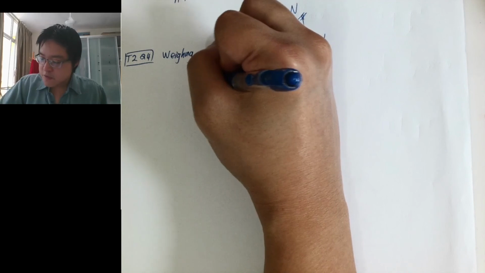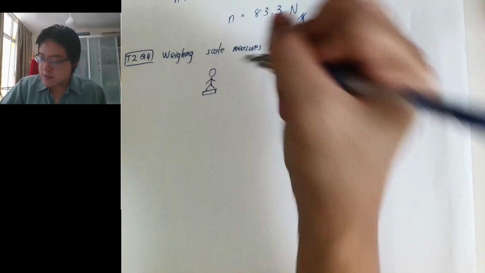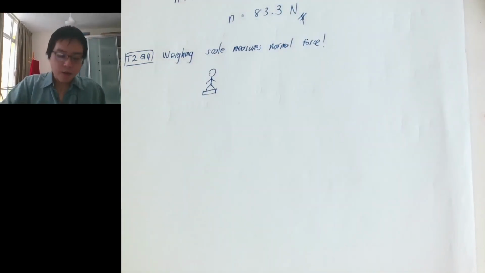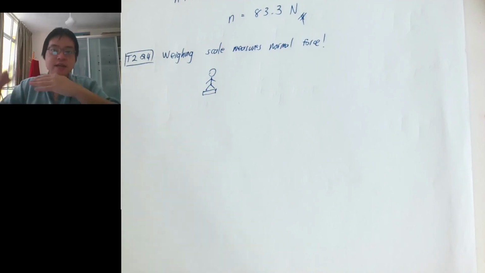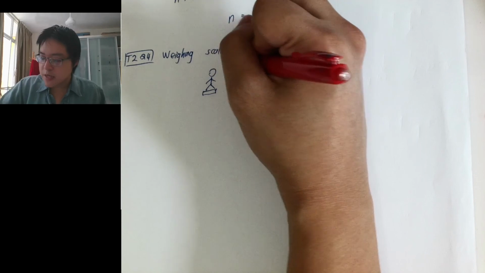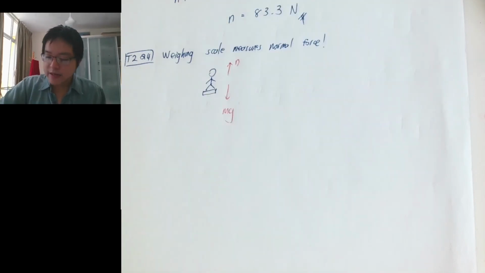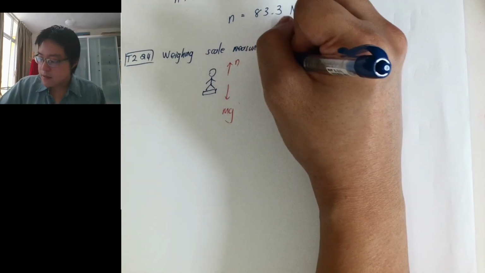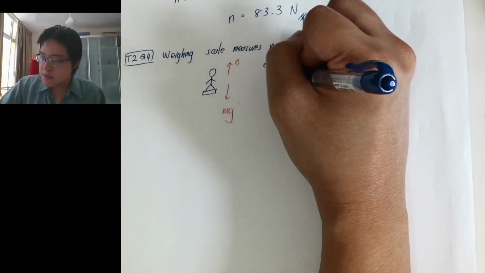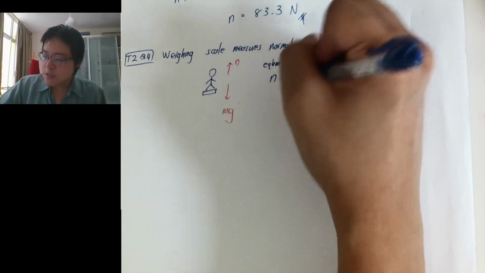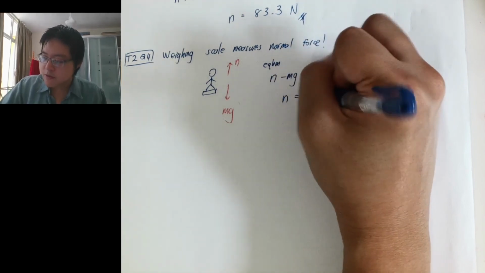Because if you stand on the weighing scale, you can only measure the interaction that is coming from you. So by Newton's law, if we measure N and then you have a weight, as long as you are in equilibrium, the normal force will cancel with the weight. Therefore, the normal force will equal mg.